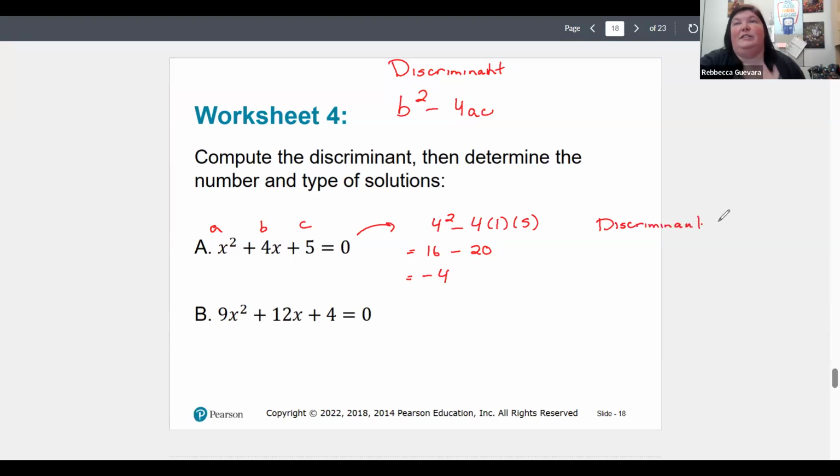The discriminant is negative, so we have to take the square root of a negative, meaning we have two complex solutions. But we don't have any real solutions.